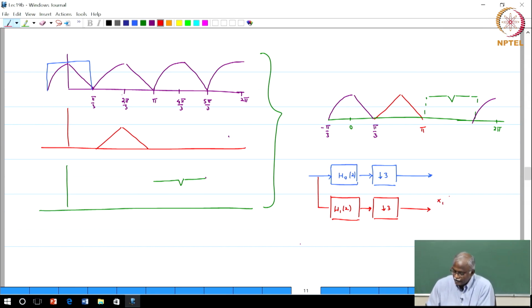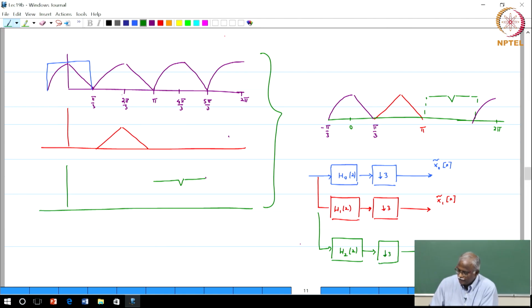Hopefully, this is x1 tilde of n, meaning it should be as close to the original signal as possible. This is x naught tilde of n. In the third branch, the same input signal is passed through a band pass filter h2 of z, downsampled by a factor of 3, and this should give me x2 tilde of n. These are hopefully very close to the original signals themselves.